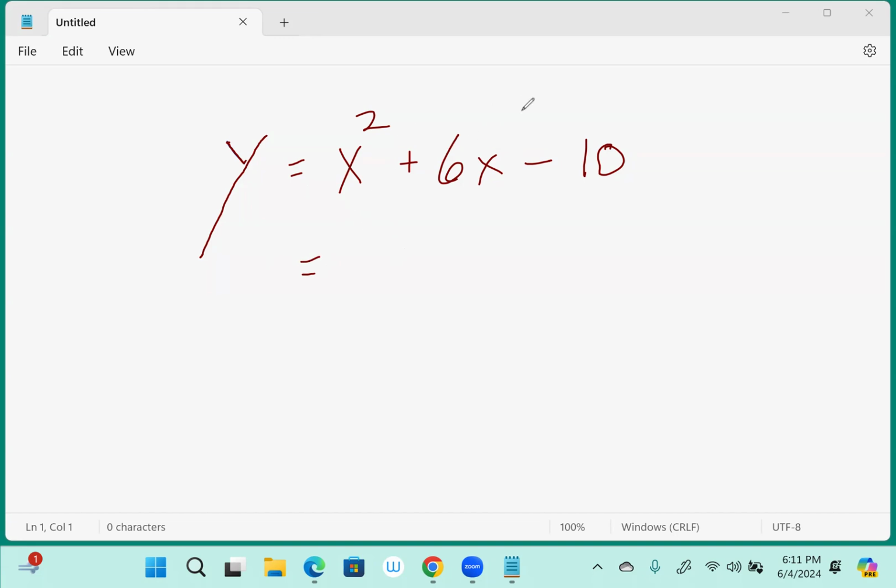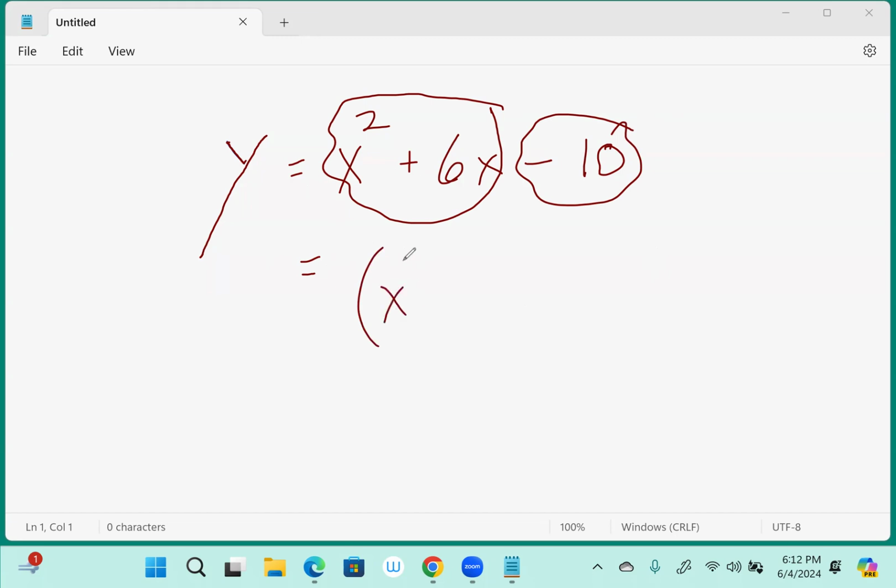is you group that together and you kind of leave that off to the side. And I'm going to put parentheses around this. And I'm going to leave space to complete the square.